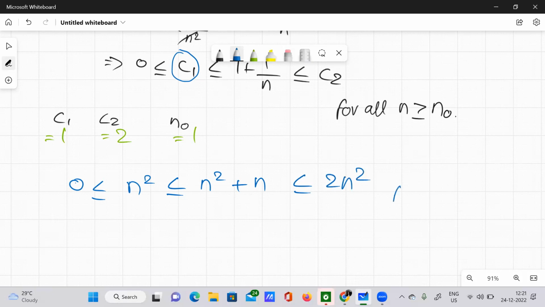So this would be for all n greater than or equal to 1.